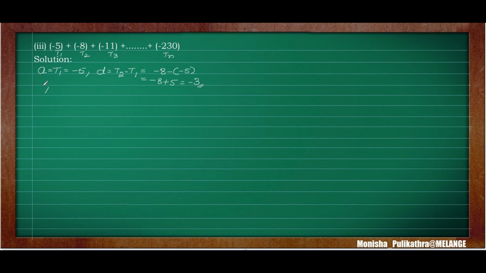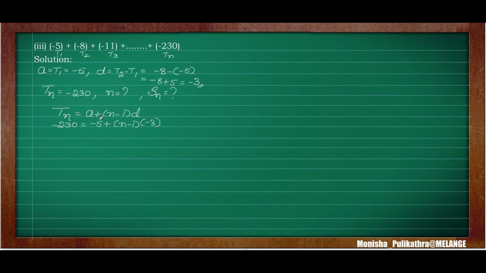Okay, next Tn is minus 230. Here we need to find out n and also Sn. First we need to apply the Tn formula. Tn is equal to A plus n minus 1 into D. Here Tn is minus 230 is equal to A is minus 5 plus n we need to find out, and D is minus 3.